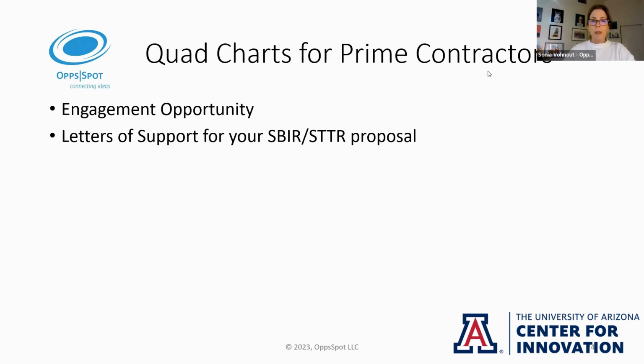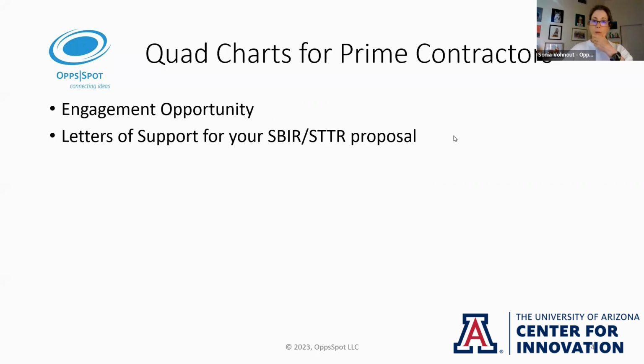So here, for the quad charts with prime contractors, sometimes they use it like an engagement opportunity, which is what happened last week with Raytheon. They wanted to see who is out there, what their company capabilities are, and whether they would be interested in talking some more or learning more.